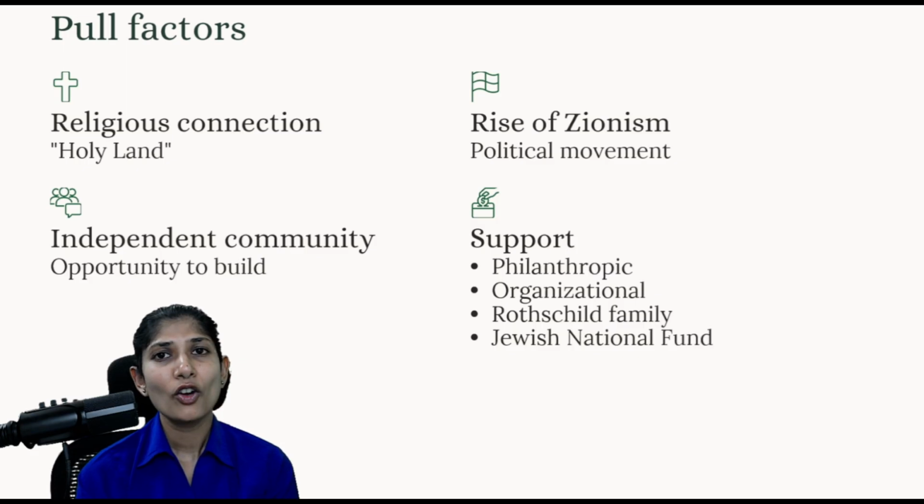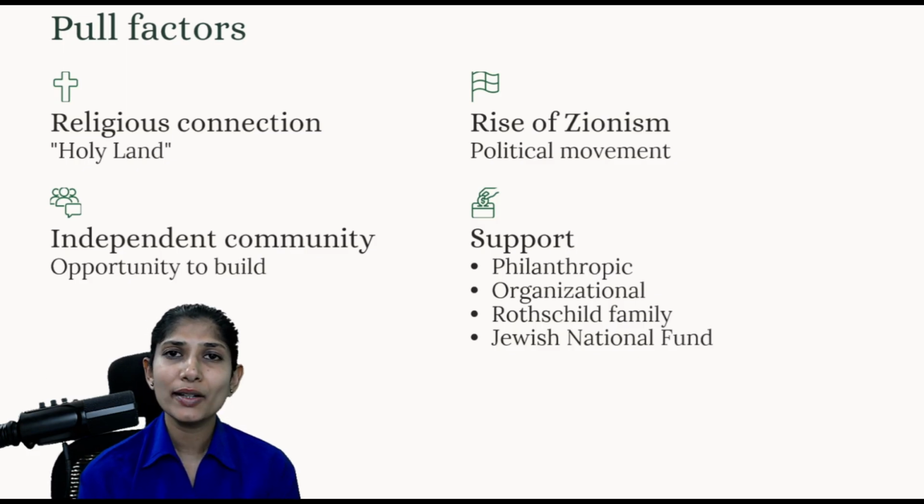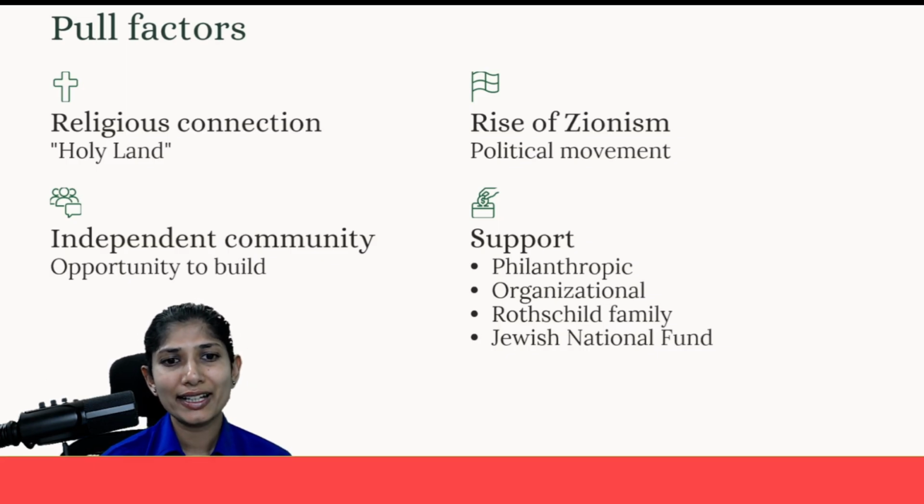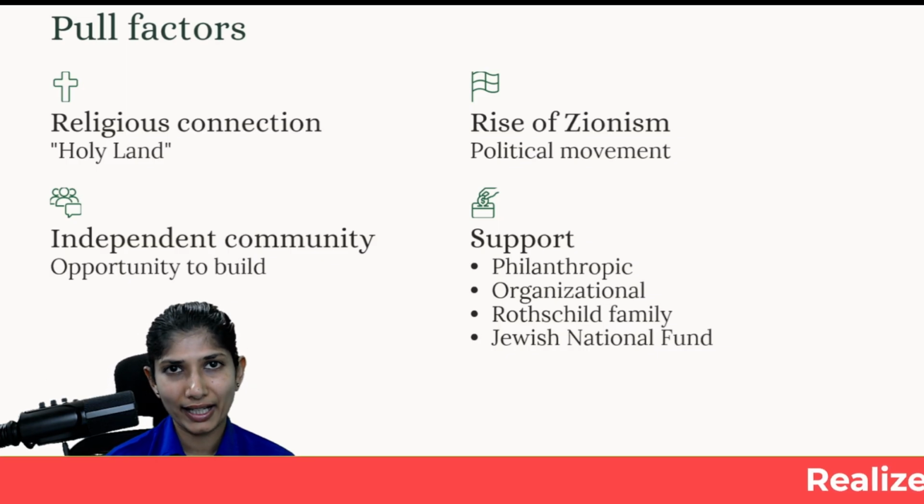Next is, first and foremost, when they wanted to come back to a place, they were looking for something like the Holy Land or whatever place that has a religious connection to them. That was your Jerusalem. And also, the communities felt like we need to build again.